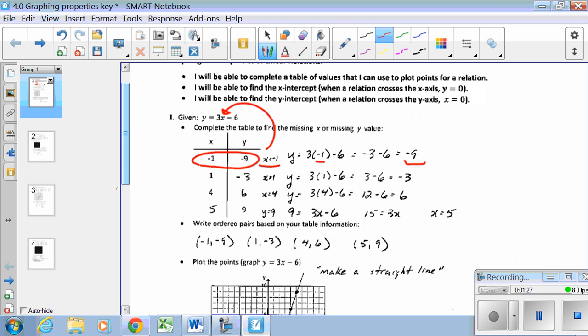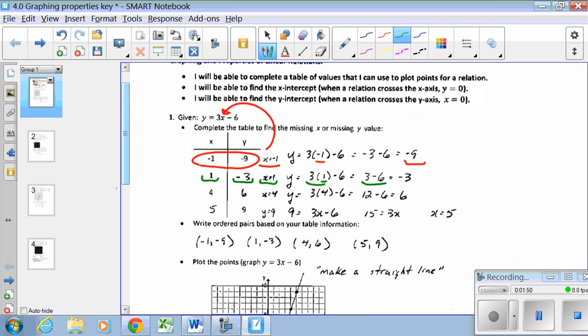So if I give you the number 1, I want you to show me that the answer is -3, because if I put 1 into the linear relation that's given to me, I want to know how I get the number -3. And again, I go 3 times 1 is 3, and 3 minus 6 is -3.